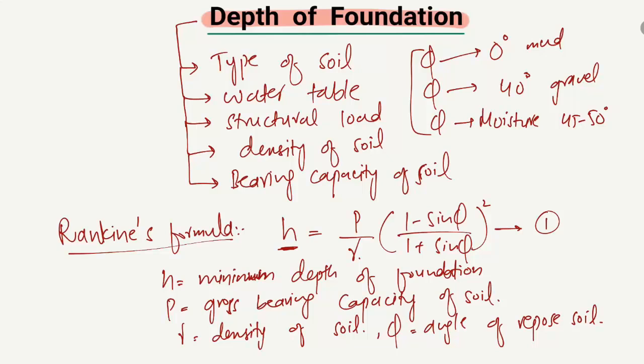Now let's solve one example of how to find the minimum depth by the Rankine formula. Again I will write that the minimum depth is equal to P divided by gamma, into (1 minus sine of phi divided by 1 plus sine of phi) whole squared.